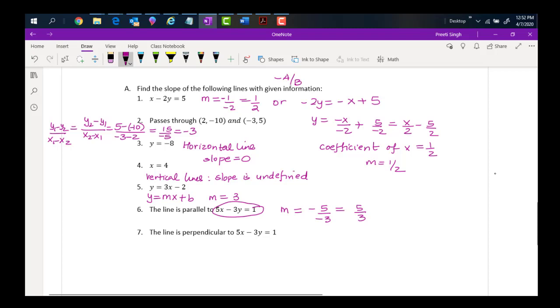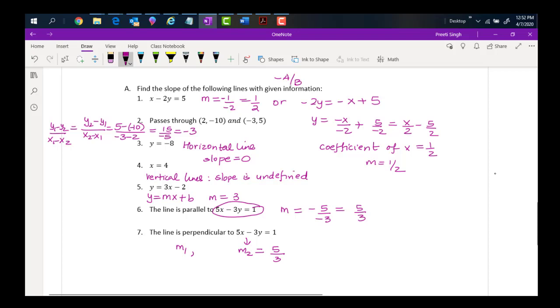The line perpendicular to this one. Now that's interesting. Suppose the slope that I'm seeking is given by m1. M2, let's look at this m2 from the line which is given. So m2 is 5 over 3, right? It's the same as the line in question number 6 as well.